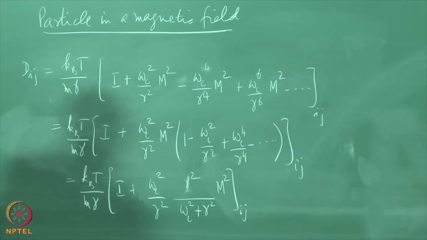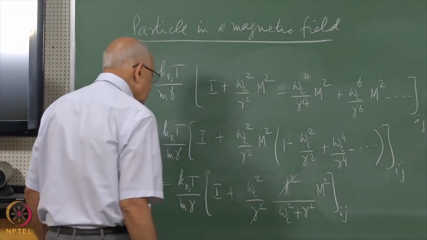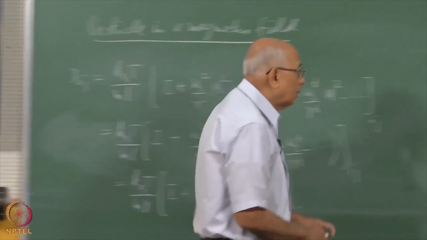Okay. And we are home. This cancels out, and m squared we know what the elements of m squared are.